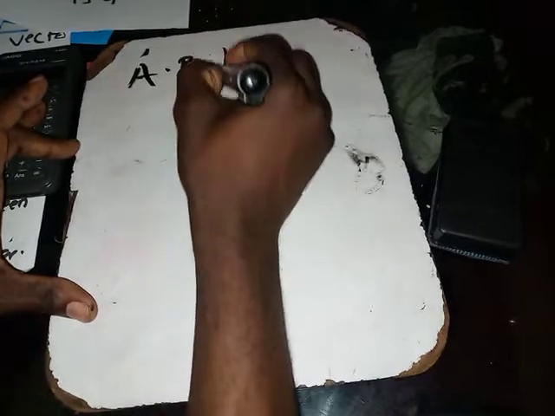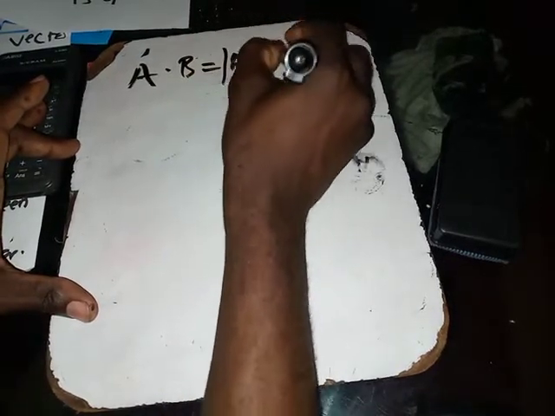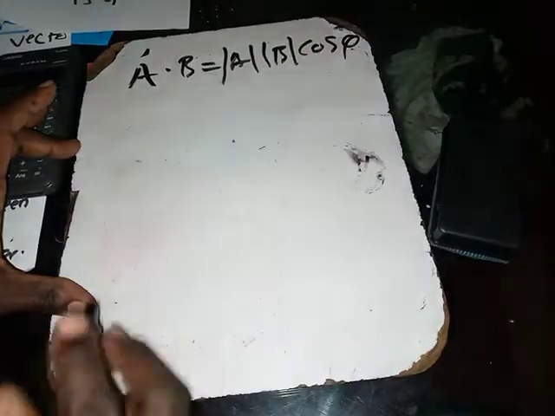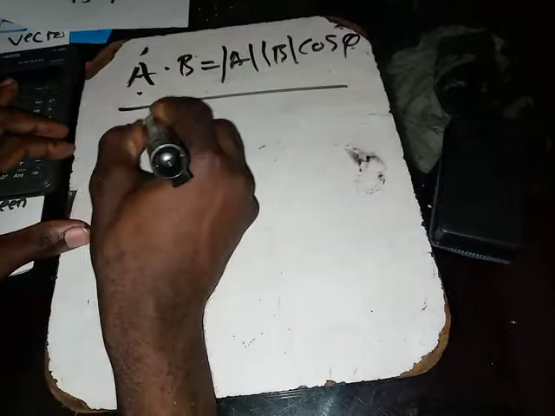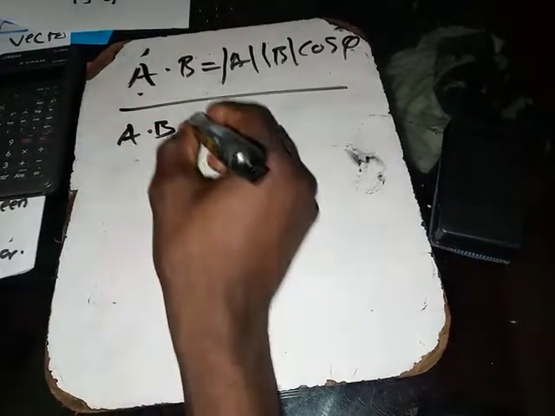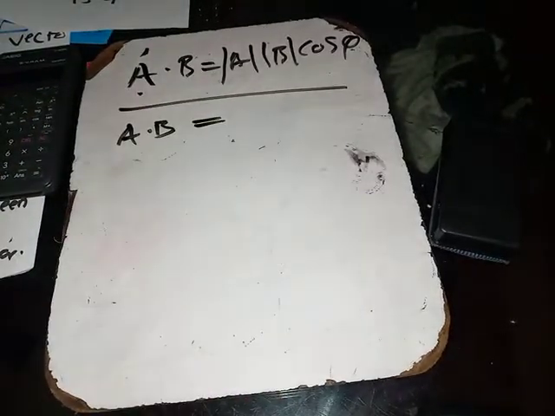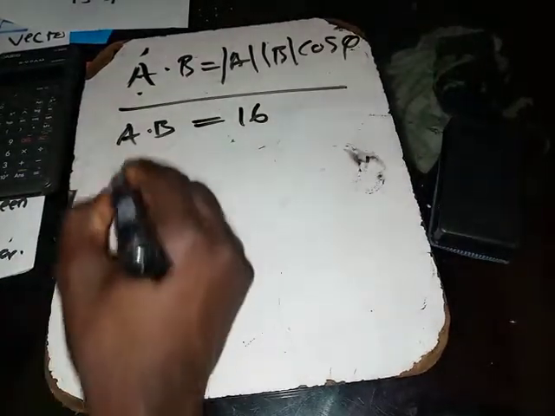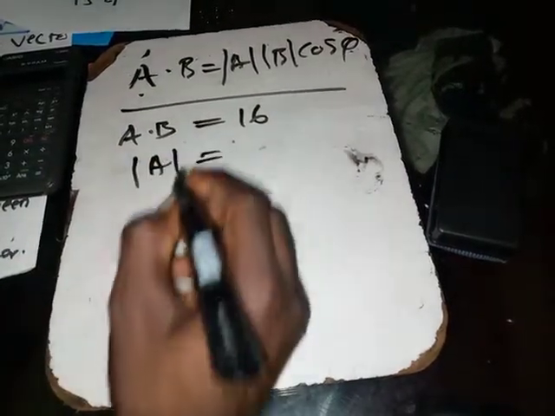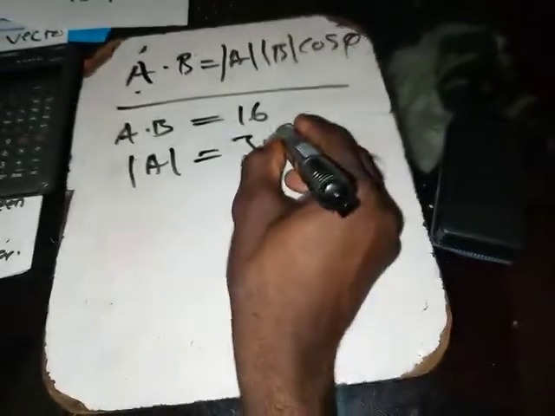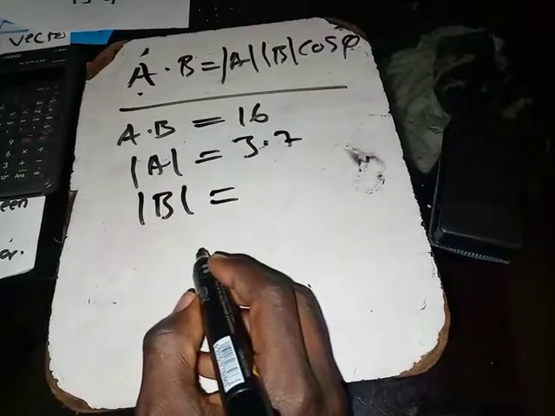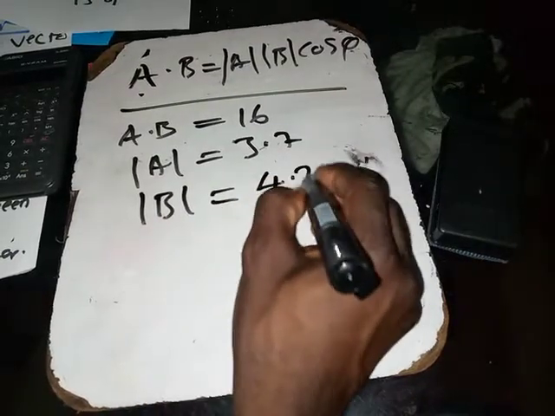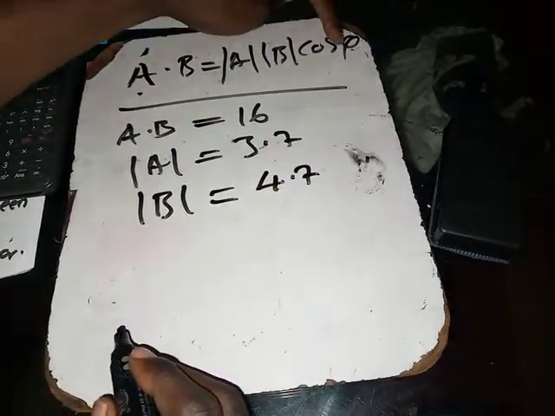From this formula, A dot B is equal to the magnitude of A, magnitude of B, then cos theta. The data that we have obtained so far: our A dot B was found to be 16, our magnitude of A was found to be 3.7, and our magnitude of B has been found to be 4.7. What we need is this.